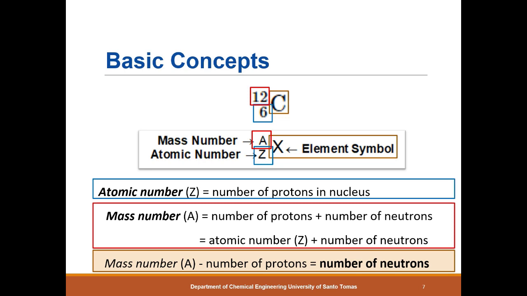It is the sum of the number of protons and neutrons in the nucleus of this particular isotope. In this case, the mass number is 12, which means that the number of neutrons in the atom is 12 minus 6. That is, the mass number of the atom minus the number of protons in the nucleus equals the number of neutrons. Occasionally, the atomic number is omitted in this notation because the symbol of the element itself conveys its characteristic atomic number.